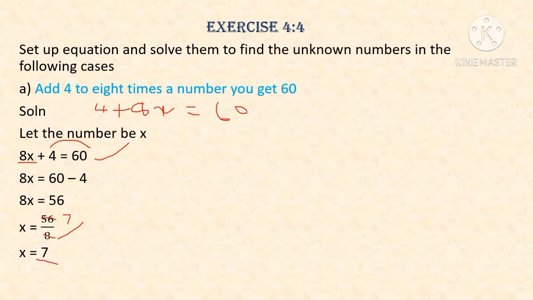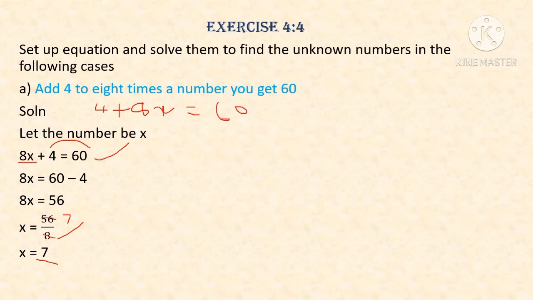So you can write 4 plus 8 times a number means 8 into that number. So here that number x is equal to 60. So when you are writing an equation, always write like this children. So it looks good. So 8x plus 4 equal to 60.